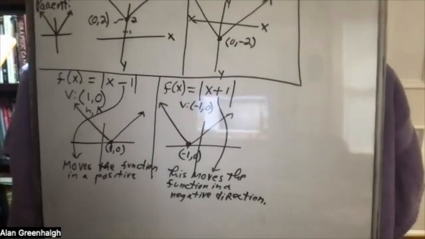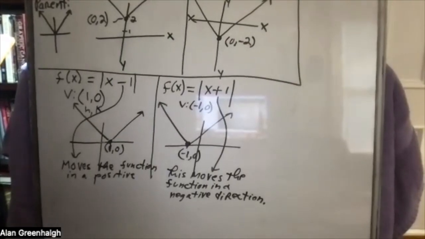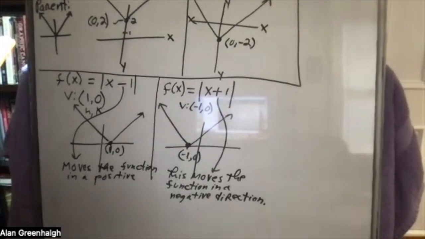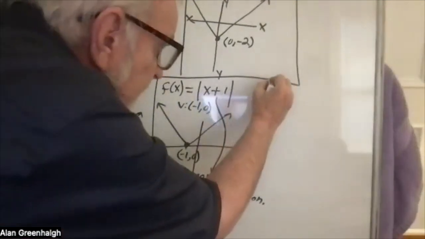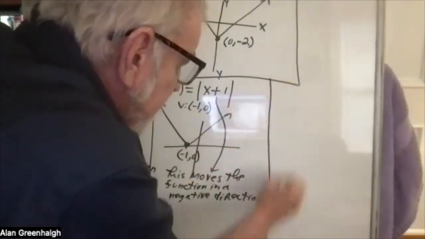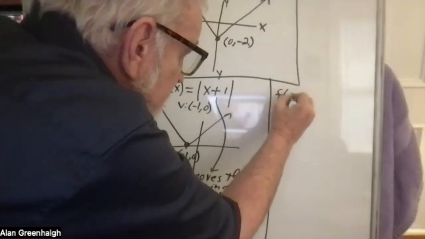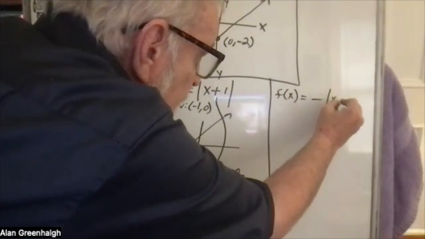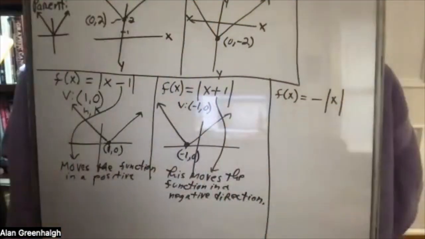Nobody's saying anything. I hope that means that people are kind of understanding this. Now, the only thing left for us to consider is what happens when we put a negative in front of the function.